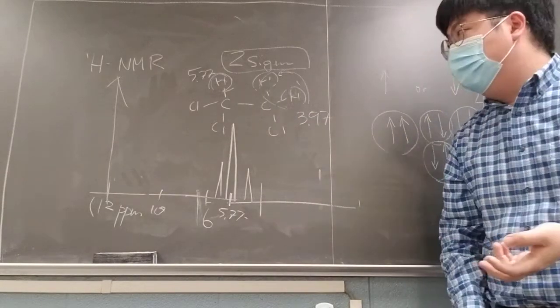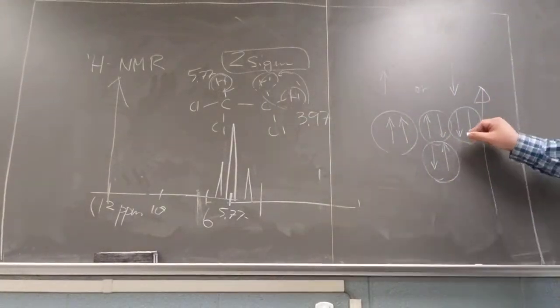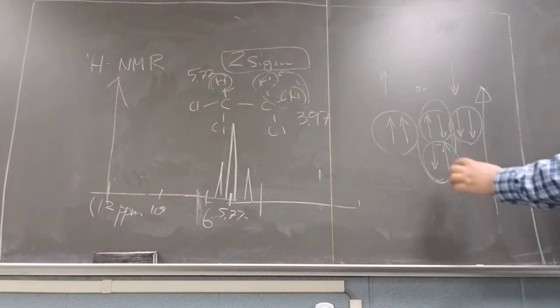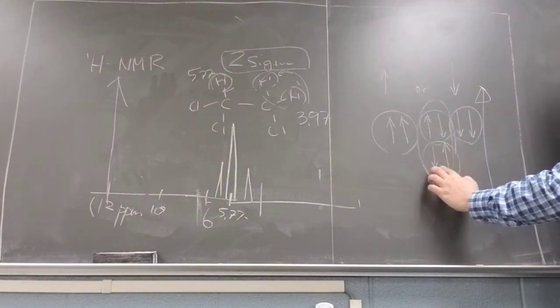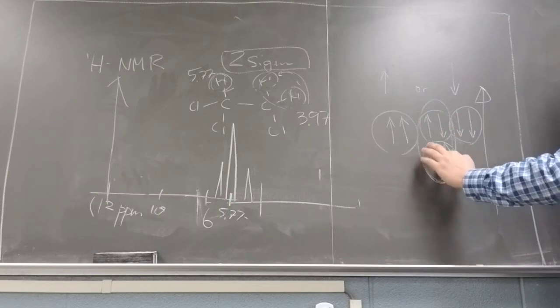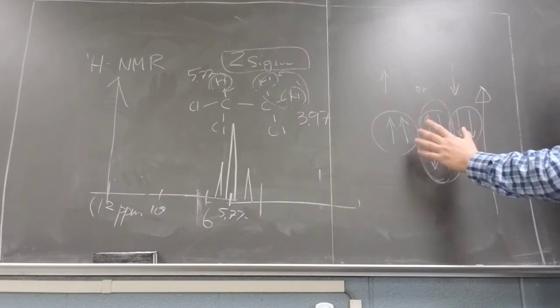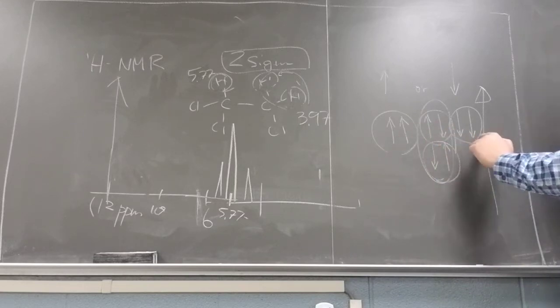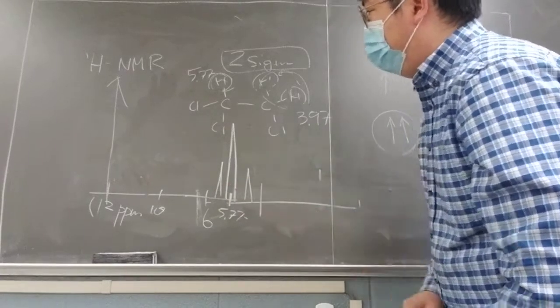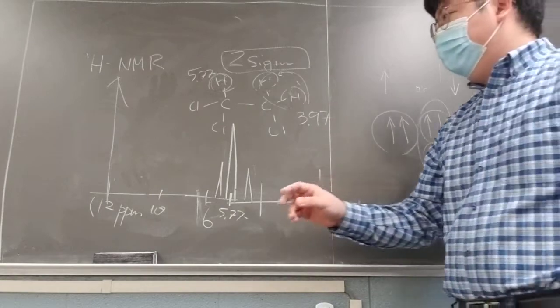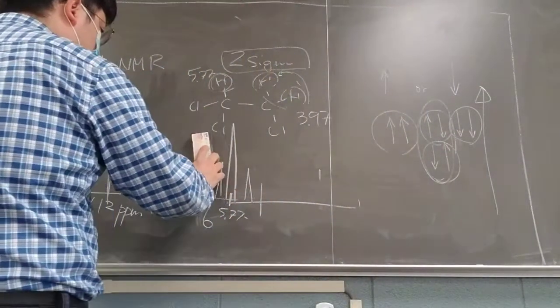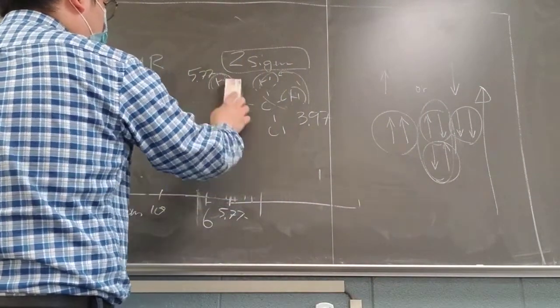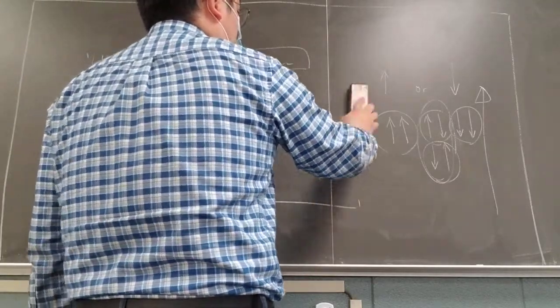And also the middle one will be stronger because there's a more frequent chance, 2 out of 4 scenarios is bigger than just 1 out of 4. So it makes this ratio. Okay, let's do one more.